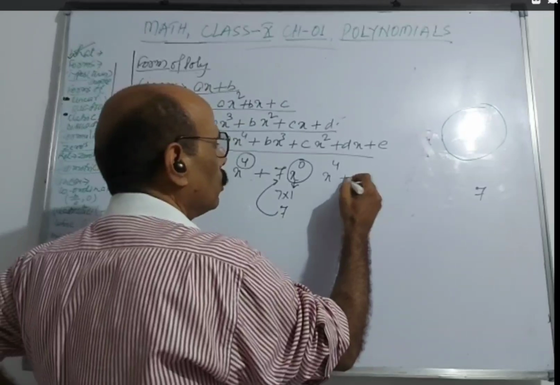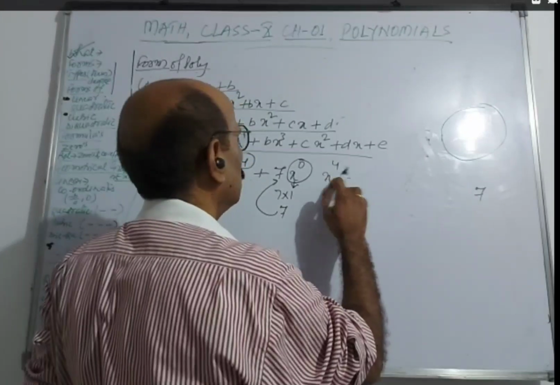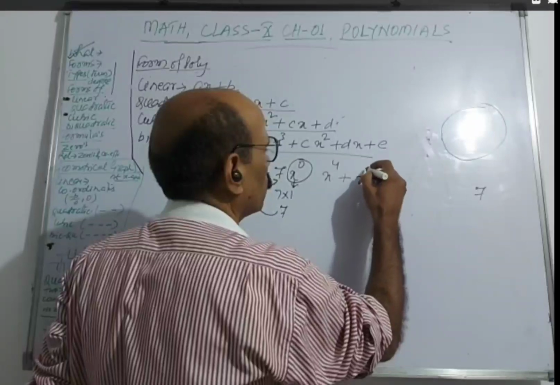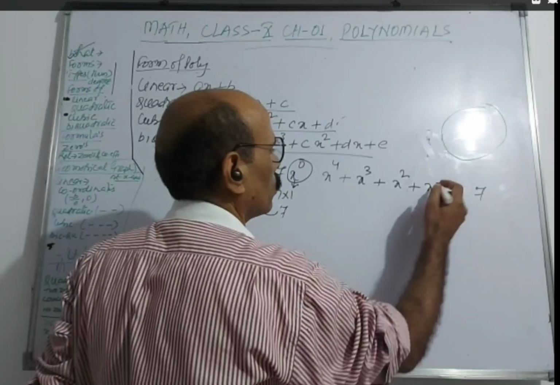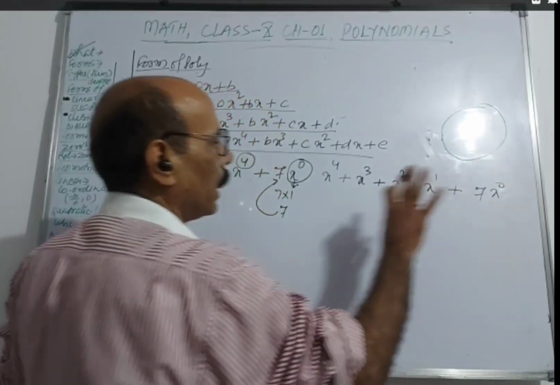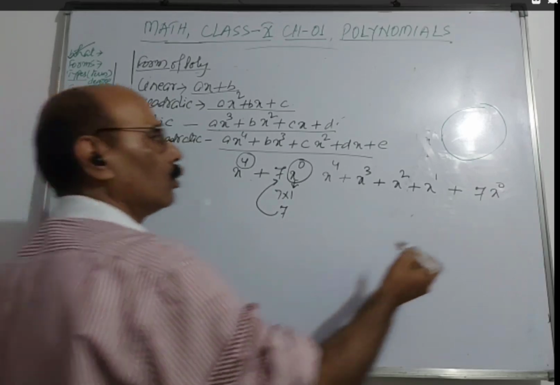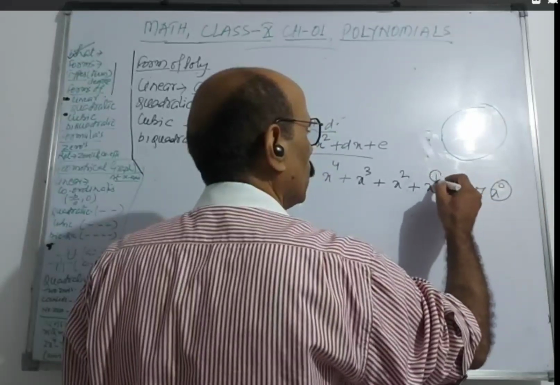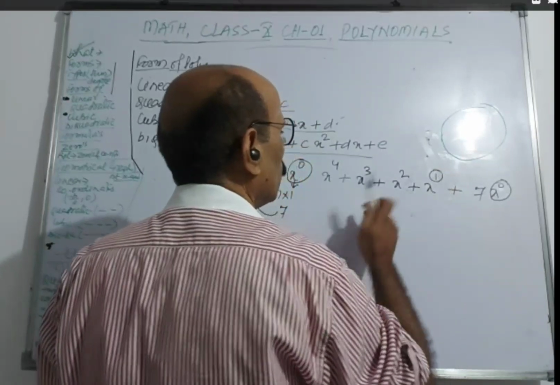In between, in the real form of polynomial, x has to be x to the power 3, next x to the power 2, next x to the power 1, and next x to the power 0. The variables are actually positioned like this, but due to the value of 1, this is not written and is deleted, and it is not in convention, not in use. Only x we write. Therefore we write like this.